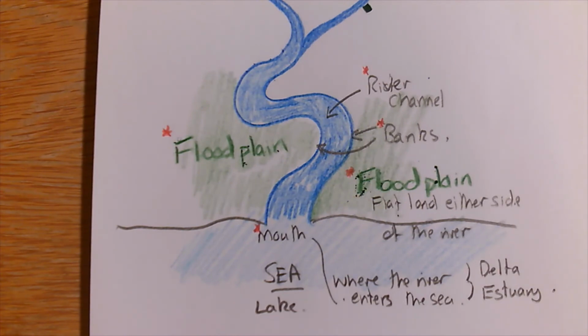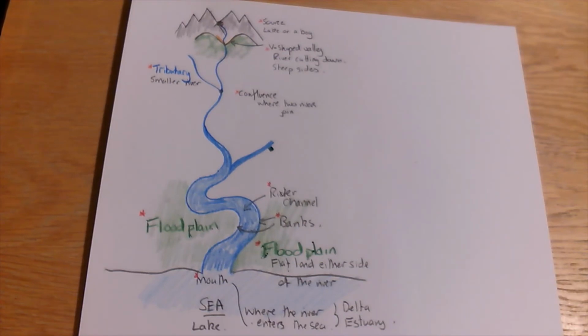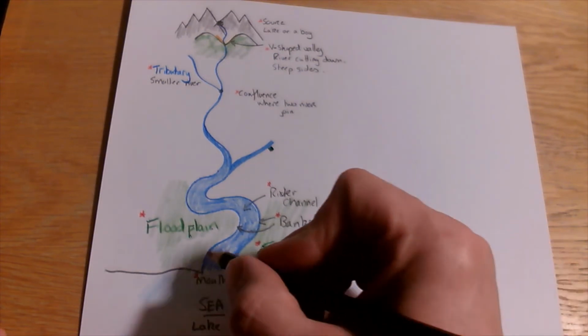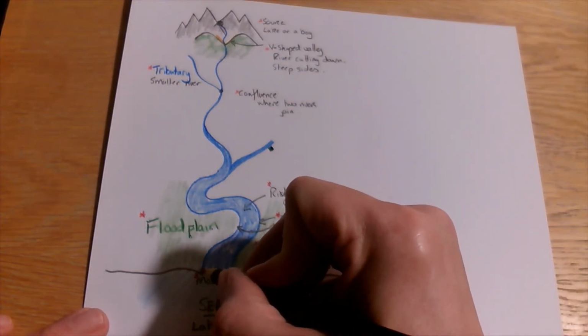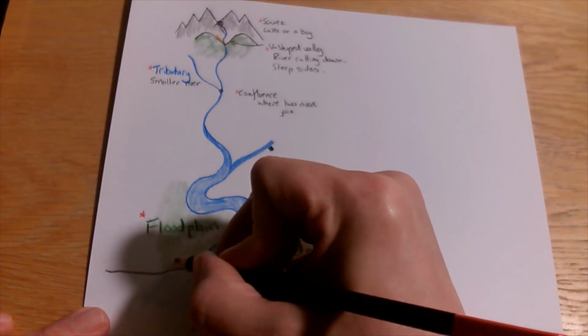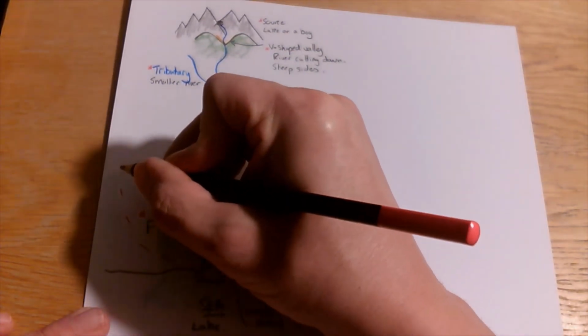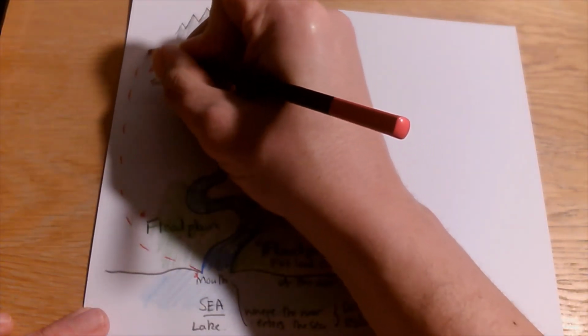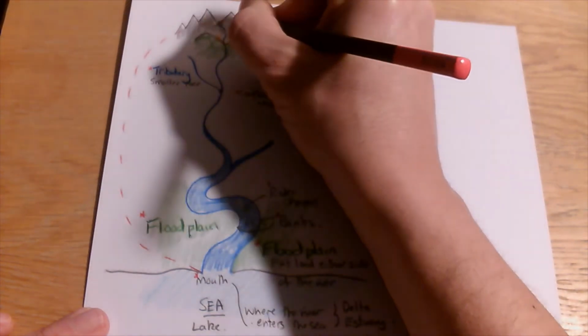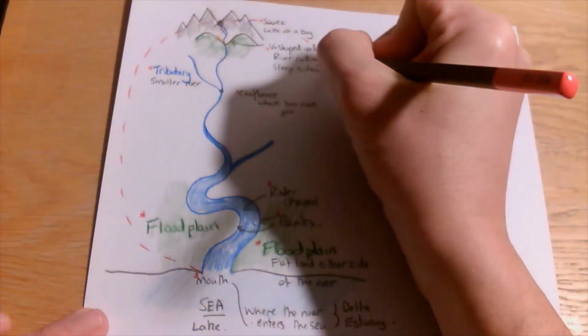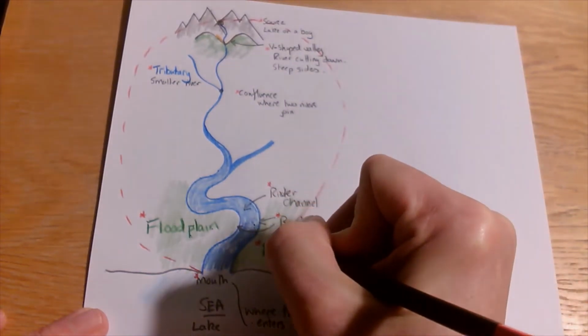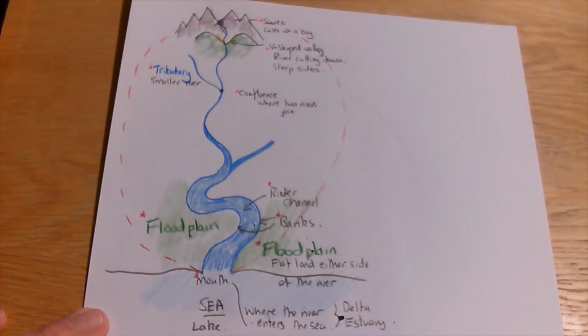Off you go. Right, I've just zoomed out a little bit because I want to show you something that's very important when we come to talk about rivers, and that is the fact that we can draw an imaginary line all the way around where this river is operating. There we go.